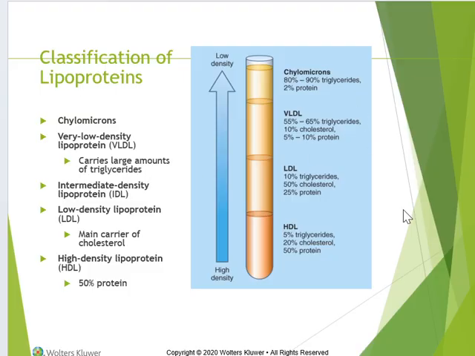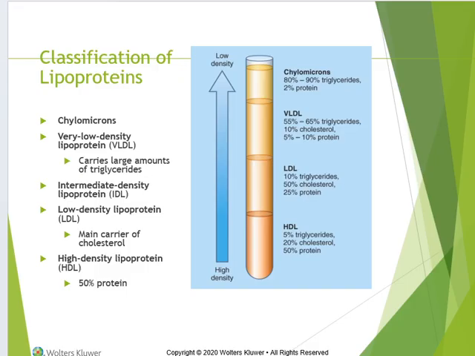They are 55 to 65% triglyceride. We also have some intermediate density lipoproteins, and then the ones that you're probably even more familiar with, which are LDLs and HDLs. LDLs are low density lipoproteins. These are the main carrier of cholesterol within the body. They're made up of 10% triglycerides, 50% cholesterol, and 25% protein.